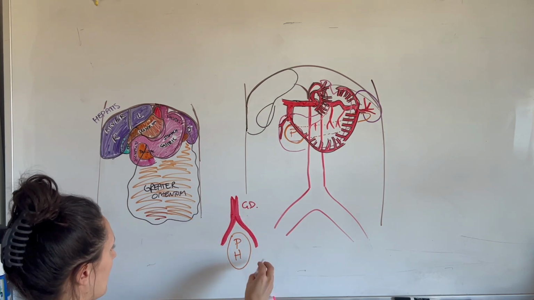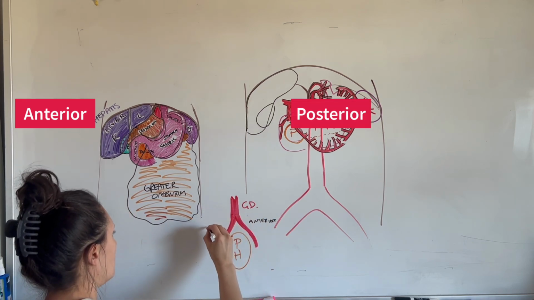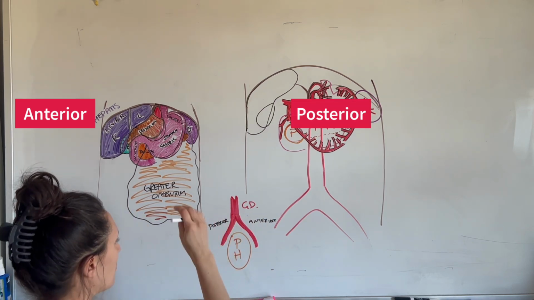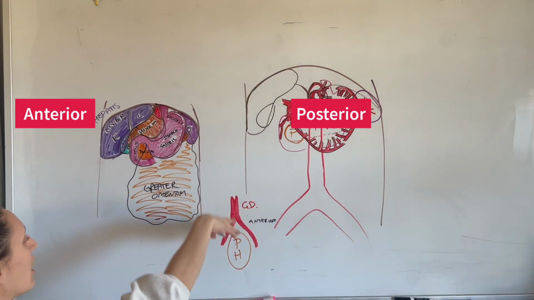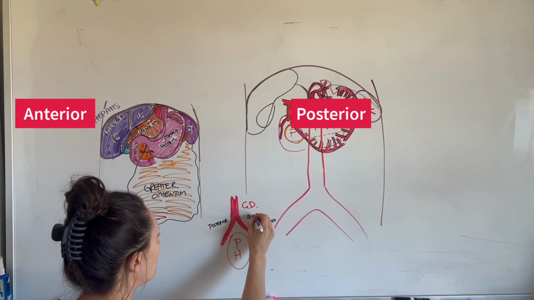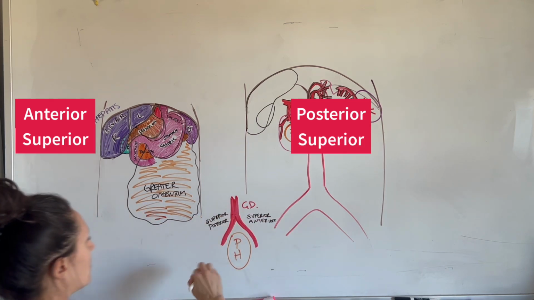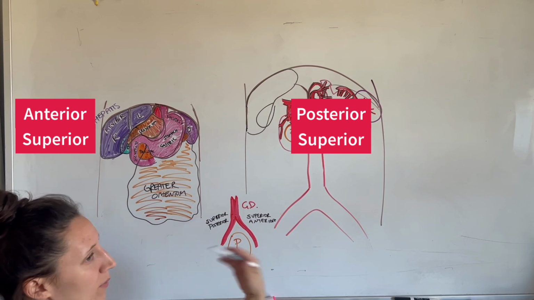So in anatomy, that's called anterior and posterior. And remember, we are very close to the pancreas and we are very close to the duodenum, and these branches are coming from above. So they are both what I would call superior. Superior, posterior, what? Pancreas duodenum artery.